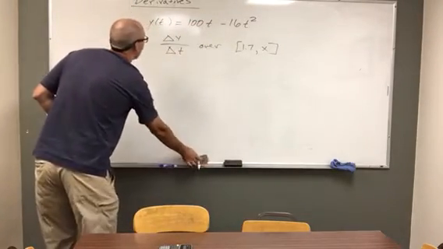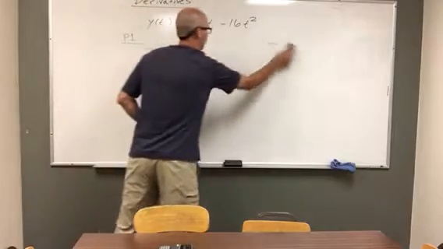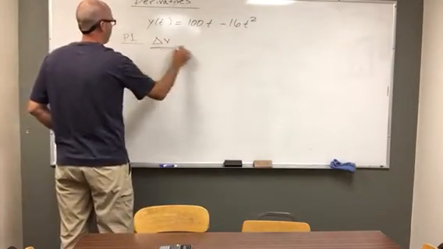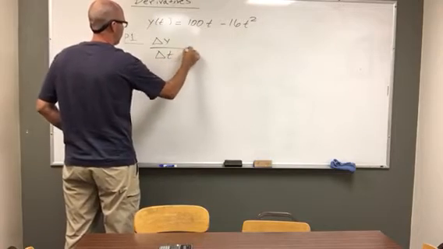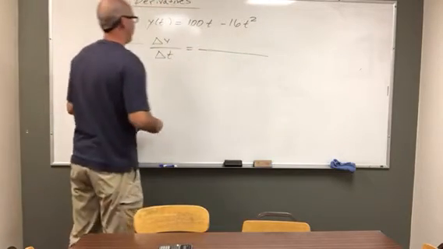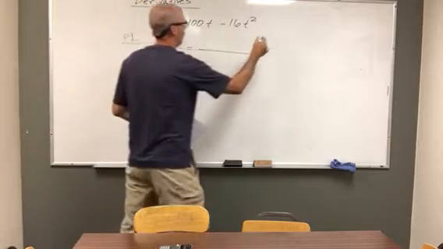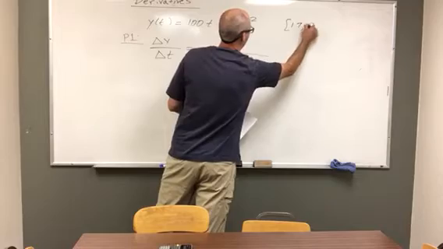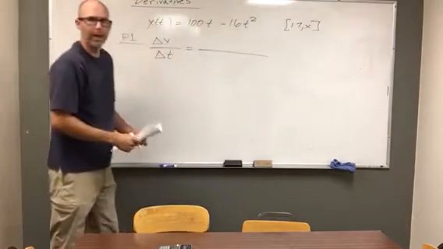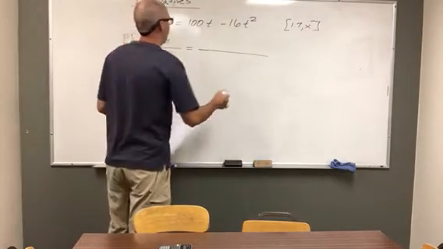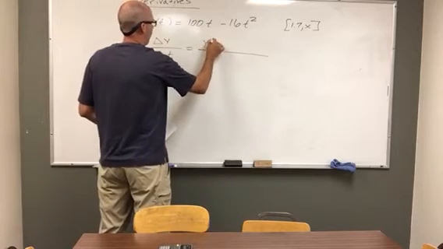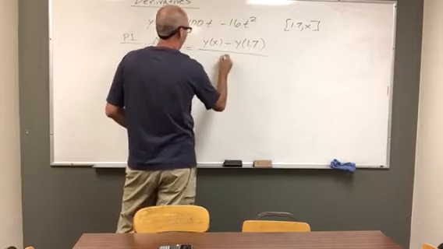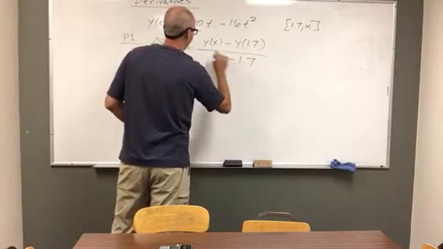All right, so change in y over change in t over, remember the interval was 1.7 to x. So it's y of x minus y of 1.7 over x minus 1.7.